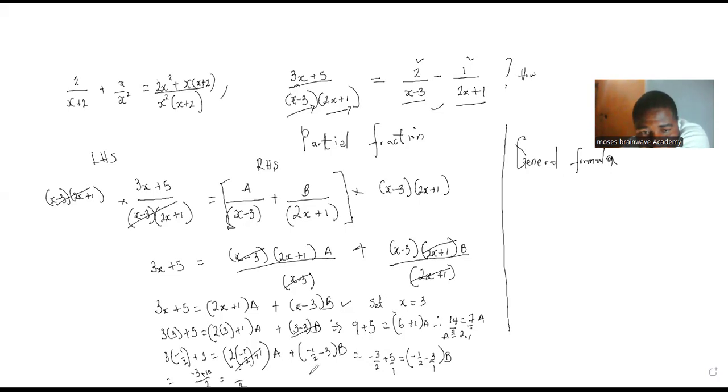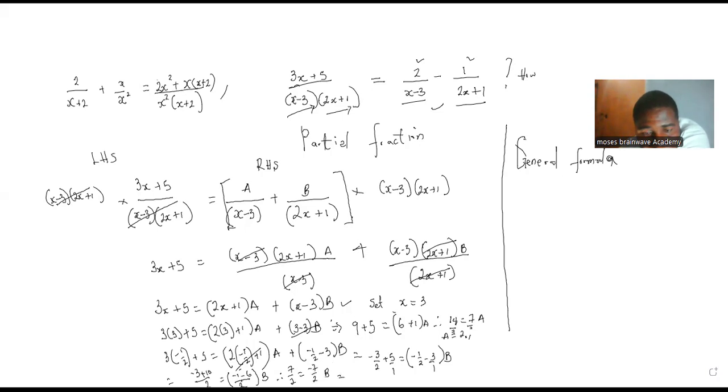Then we have -1, -6, because 1 into 2 is 2, 2 multiplied by 3 is 6. Then all these are the coefficients of B, right? So technically, above here, this should be 7. Therefore, we have 7 all over 2 is equal to -7 all over 2, then B.